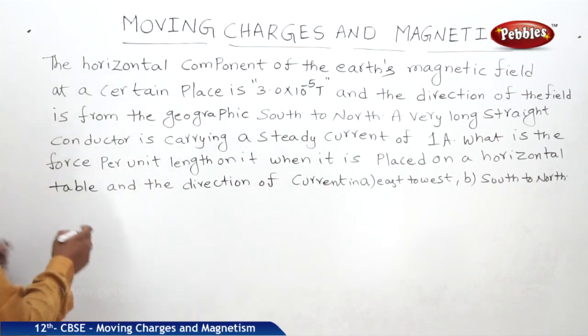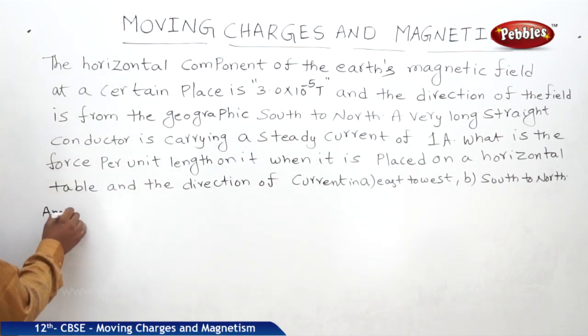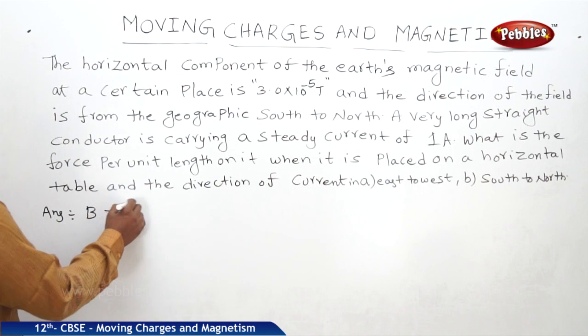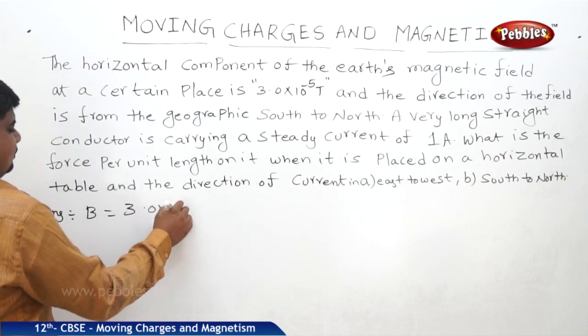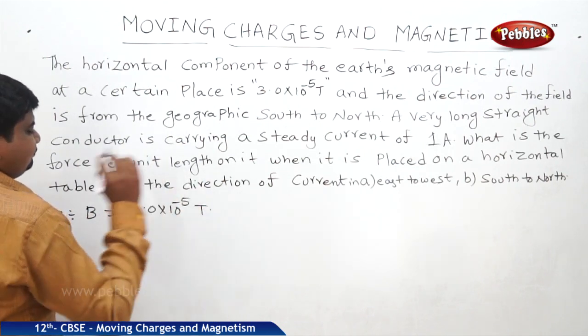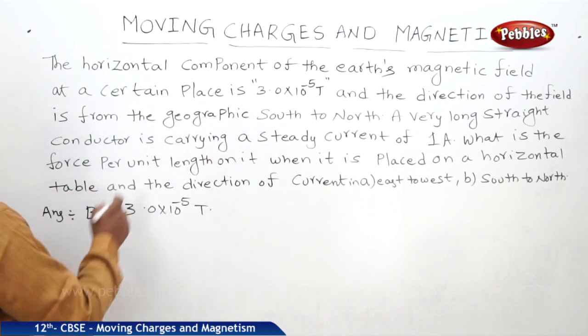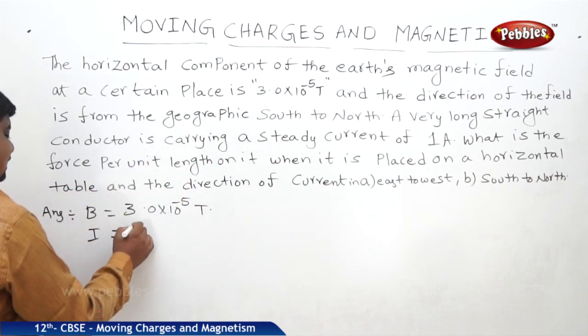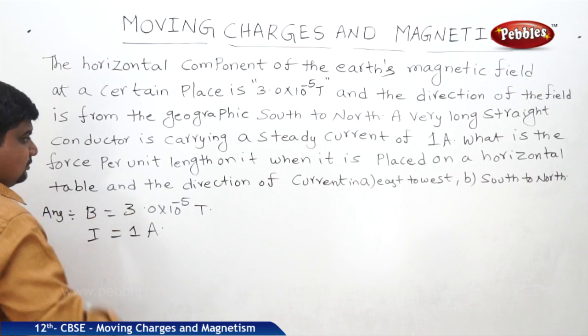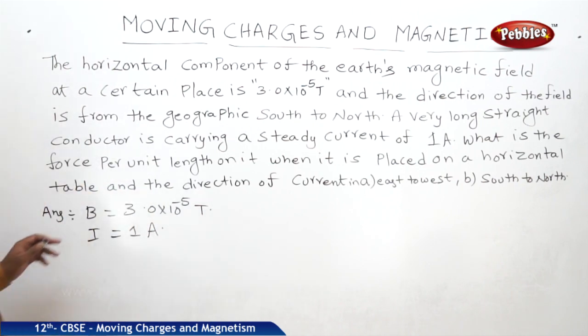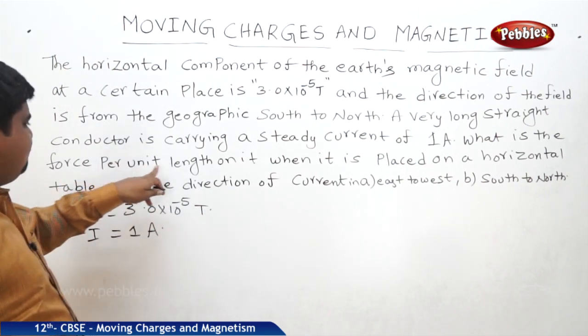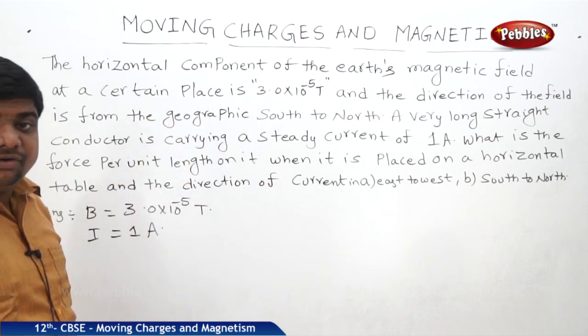So B was given as 3 into 10 to the power of minus 5 Tesla, and the current I is 1 ampere. He is asking for the force per unit length.